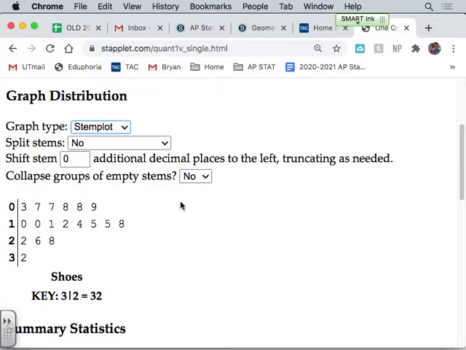Your histograms and dot plots are more common. Sometimes it's called a stem and leaf plot. I'm sure you have seen them, but you really see dot plots and histograms in real world stuff. Stem plots just aren't typically used as much.